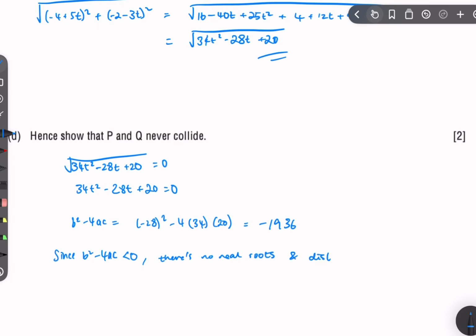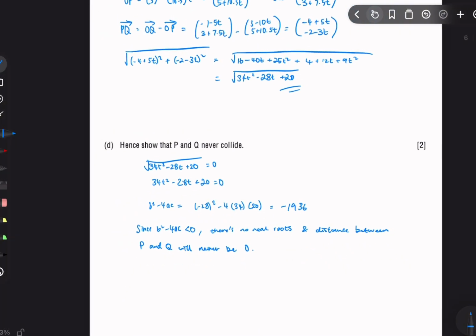And the distance between P and Q will never be 0. This means that the graph will never touch the x-axis, so P and Q will never collide.